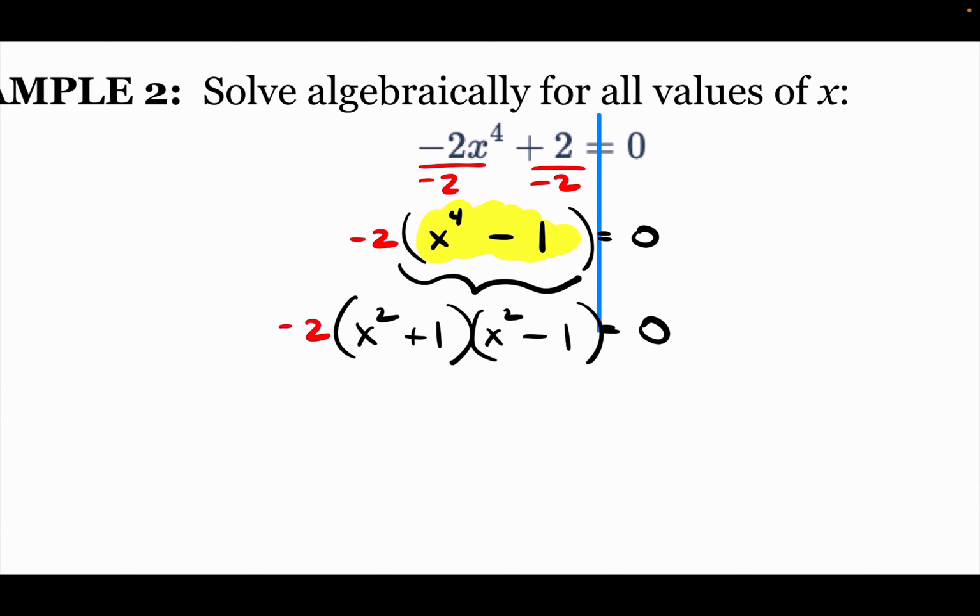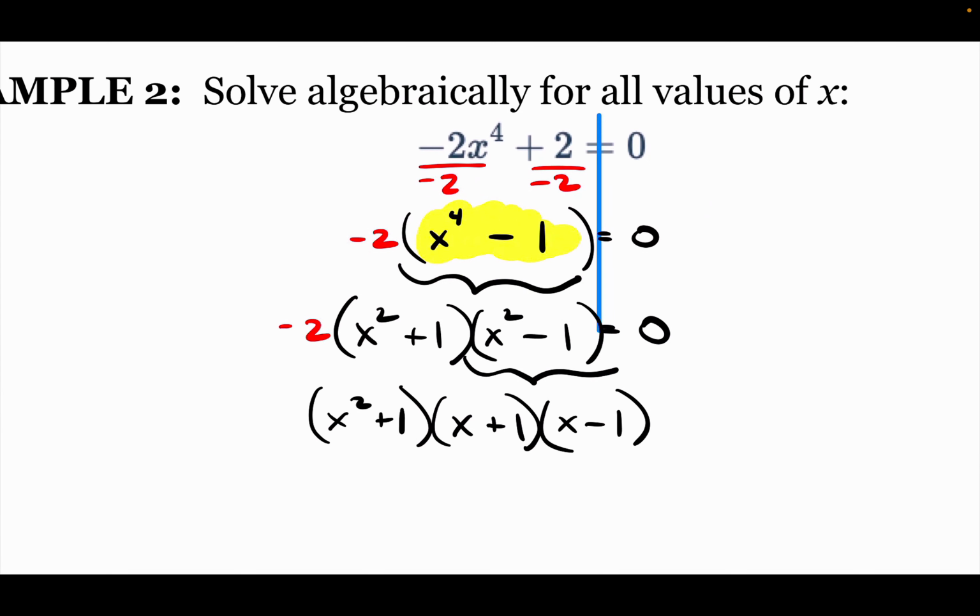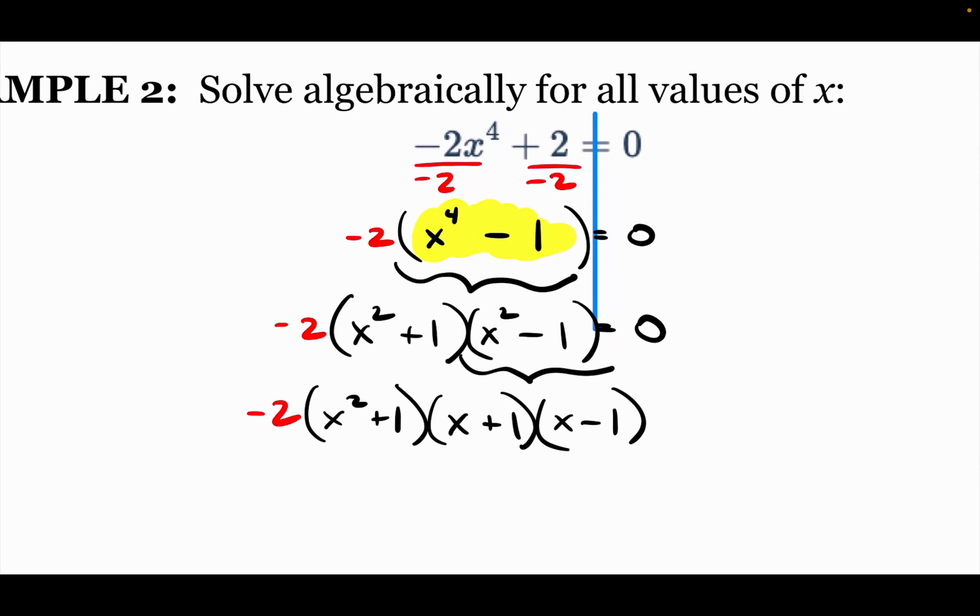Are any of those difference of squares? Yeah, one of them still is, right? x squared minus 1, so we have to do it one more time. Now this one's not going to be x squared anymore, it's just going to be x, because you half the power. Everything else comes down. So x squared plus 1 is going to stay because it's not difference of squares.